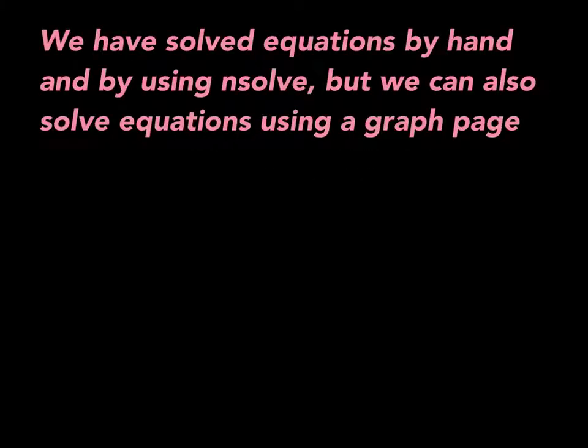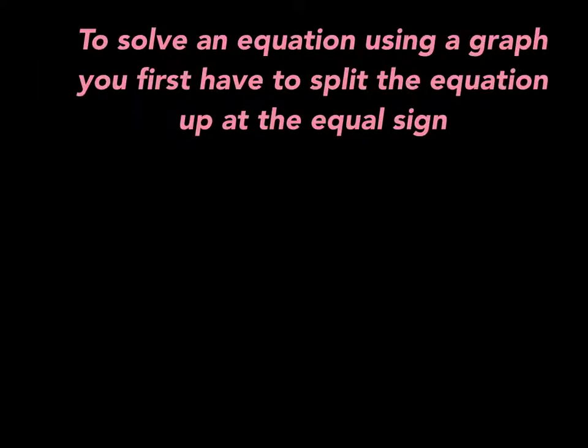Solving equations by graphing. We have solved equations by hand and by using InSolve, but we can also solve equations using a graphs page. To solve an equation using a graph, you first have to split the equation up at the equal sign.